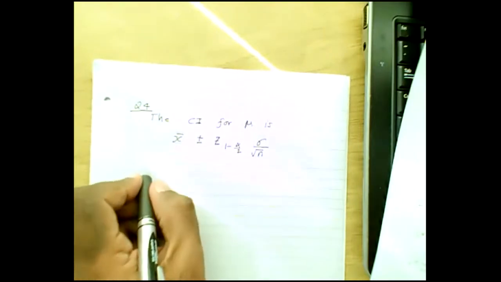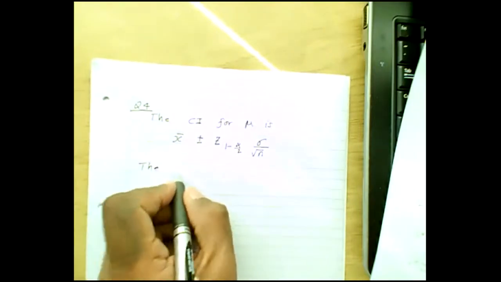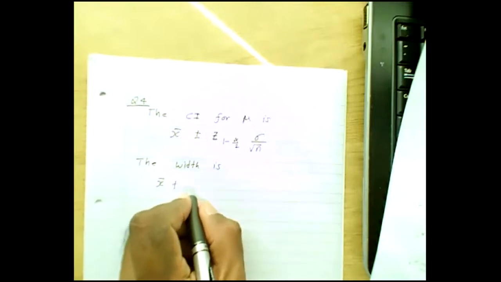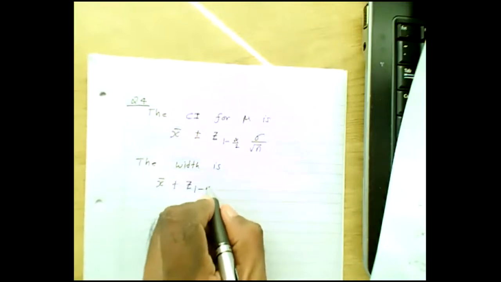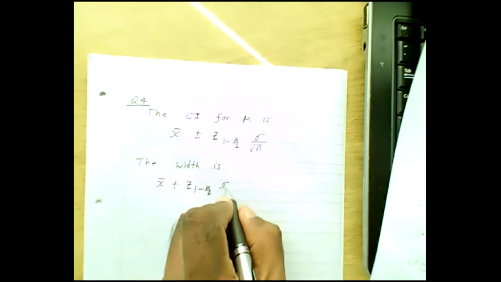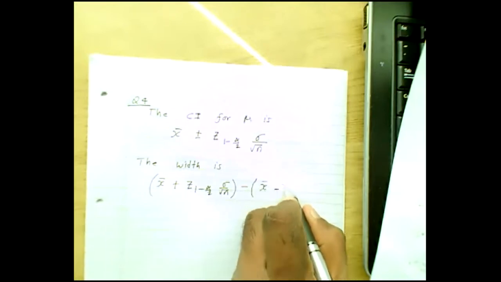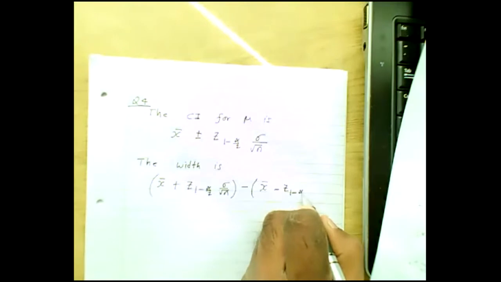Now the width of the confidence interval, as I explained before, is the difference between the upper limit and the lower limit, right? So the upper limit is this one, and the lower limit is this one, all right?